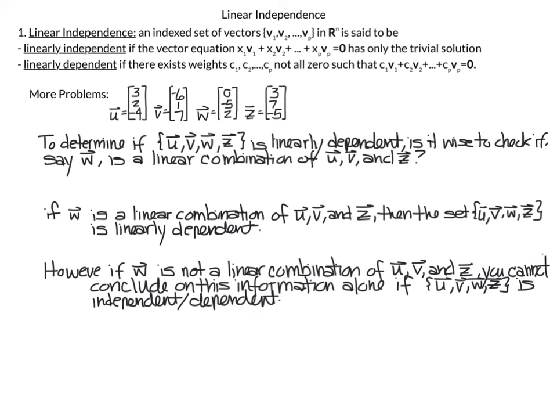However, if w is not a linear combination of u, v, and z, you cannot conclude whether or not the set u, v, w, z is linearly dependent or independent just based on the previous information that they're pairwise independent. So the answer is not really. It's not really wise if you're only going to check w.